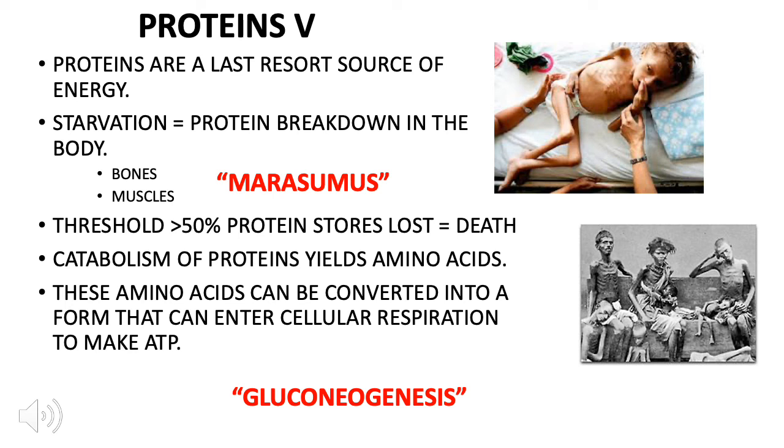For example, in the human body, proteins are an important constituent of our muscle tissue, they're an important constituent of our bone structure, and you can't live if you don't have a significant amount of muscle tissue. If you start breaking down proteins because you need a source of energy, you at some point are going to die. So proteins are the last resort of energy, although I should mention that the amino acids that make up our proteins can be used as a source of energy under certain circumstances, and we'll see that in a little bit.